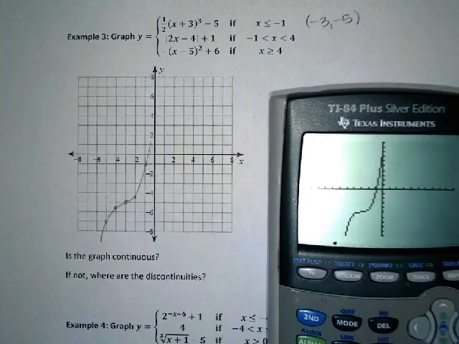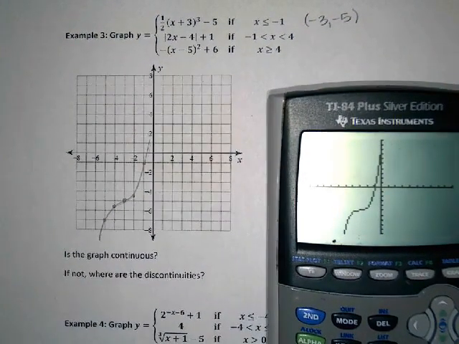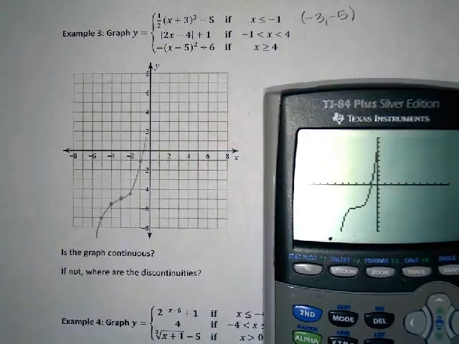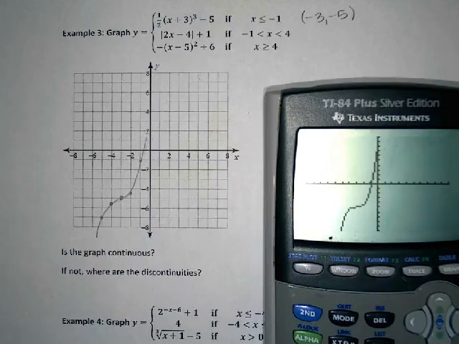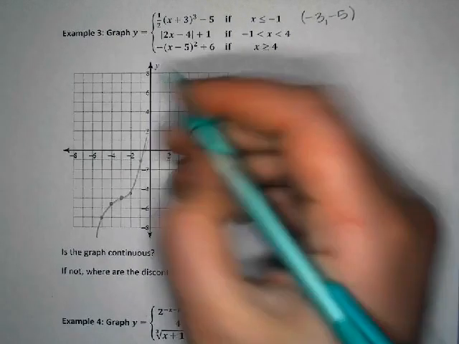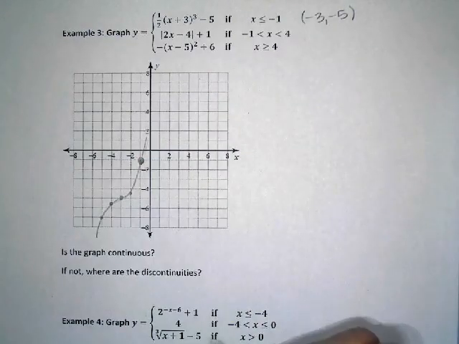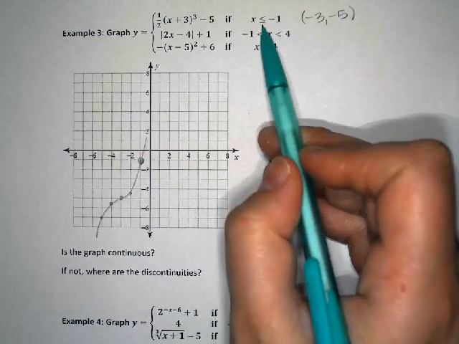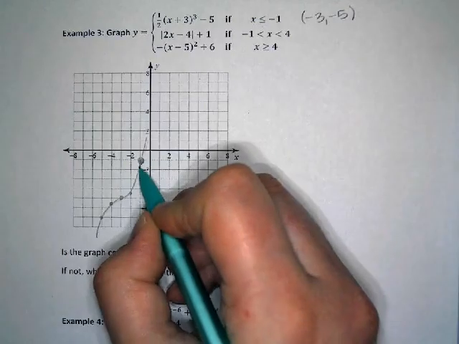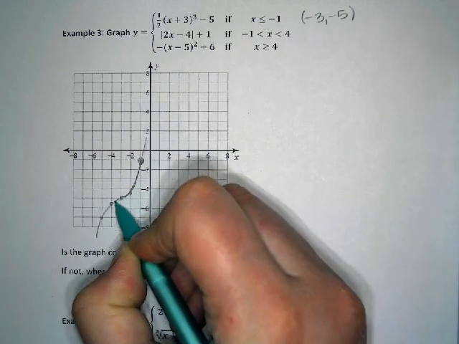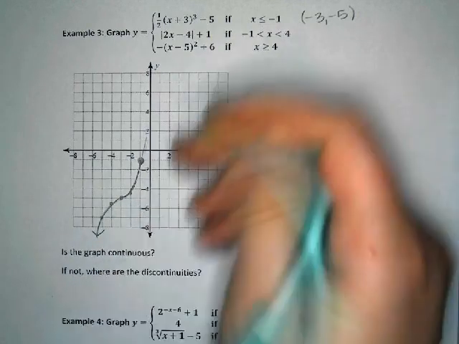All right, and what should I do? Circle negative 1 and fill it in. Keep the left side. Okay, so I'm going to make this darker. Erase this. Okay. Now I'm ready for the next one.